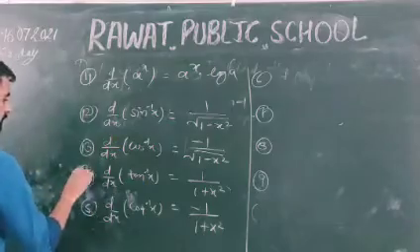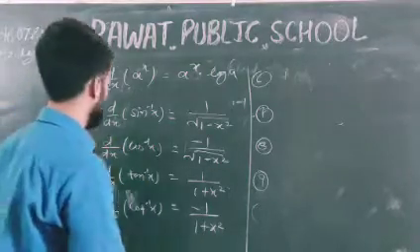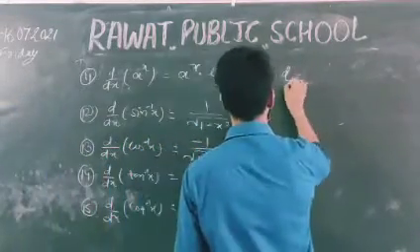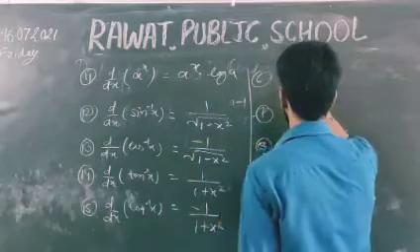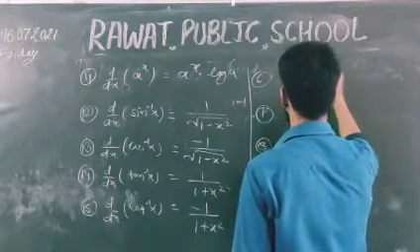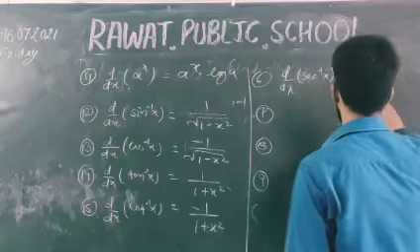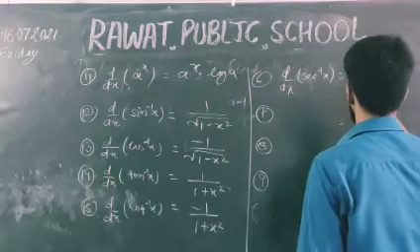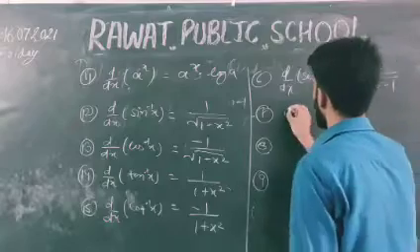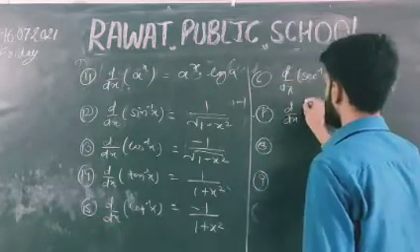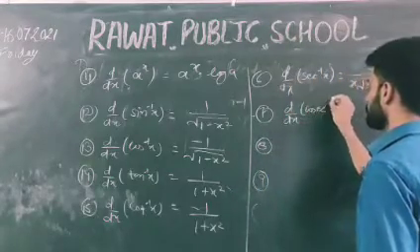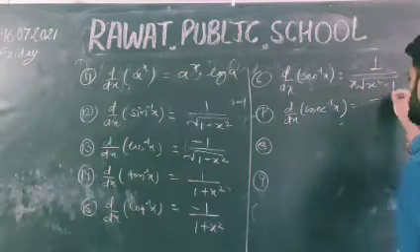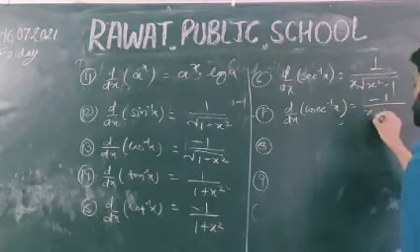Now sec inverse x will give us 1 upon x root x squared minus 1, and if we have the function cosec inverse x, then it will be the same but with a negative sign.